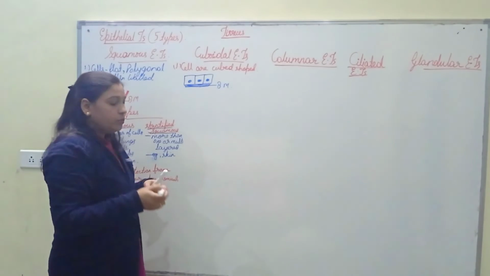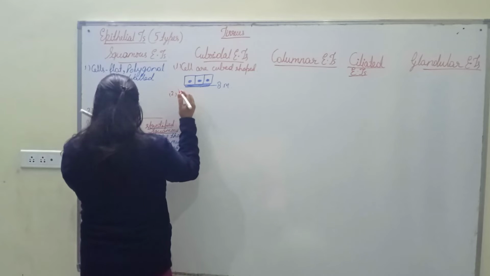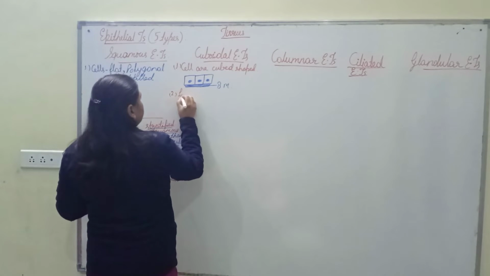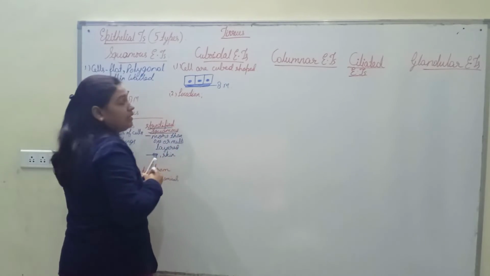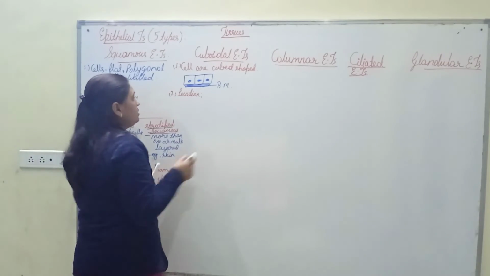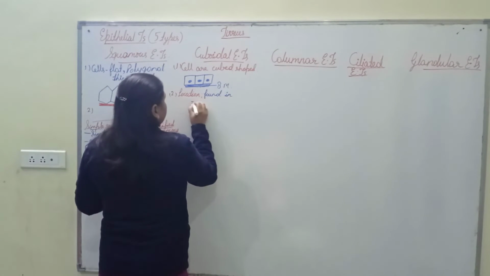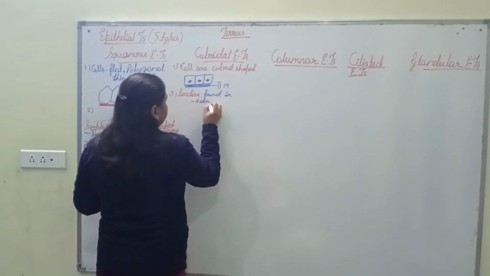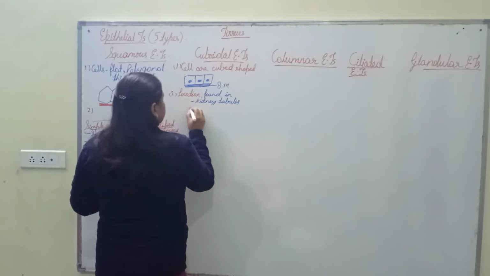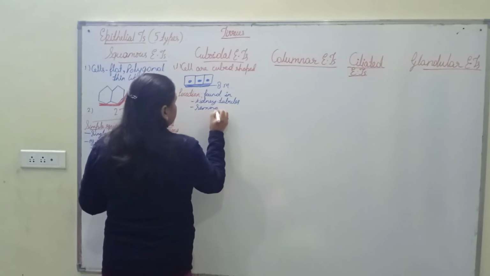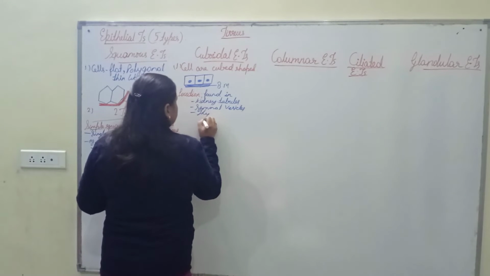Now if we talk about the location of cuboidal epithelium tissue, they are found in kidney tubules, seminal vesicles and thyroid glands.